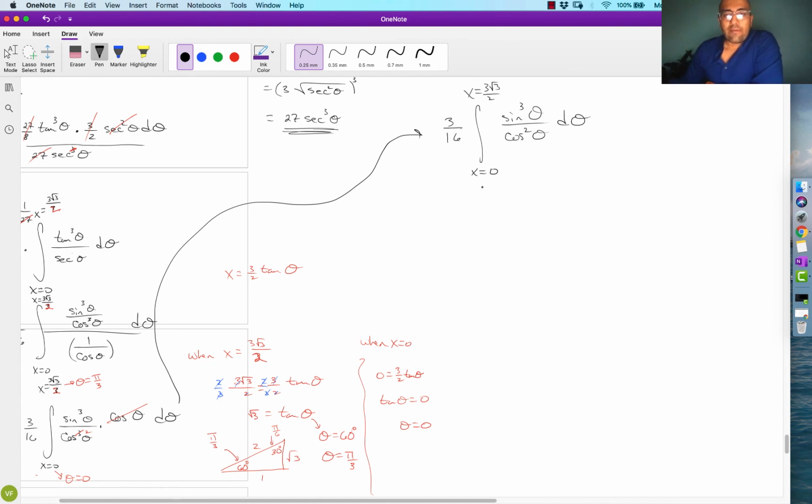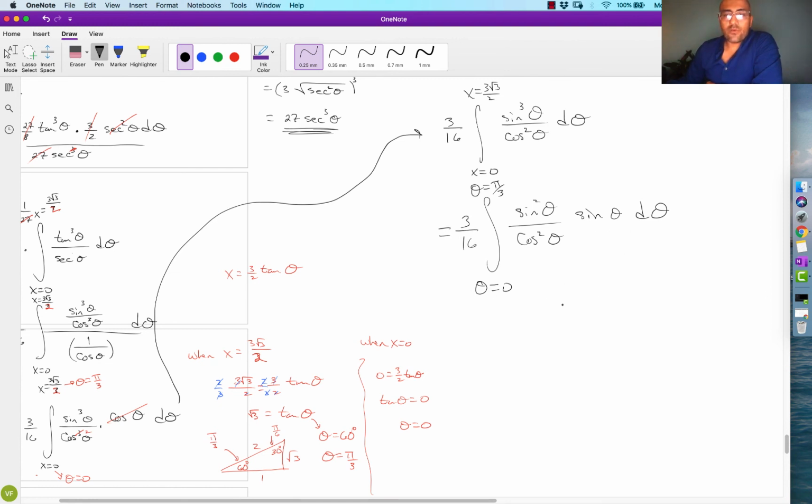Okay, but now we have new limits of integration. Also, I want to separate one of these sines and rewrite it as sine squared theta over cosine squared theta. And then there's an extra sine of theta d theta over there. And now I have that theta goes from 0 and theta goes to pi over 3. There's still this 3/16 out here.